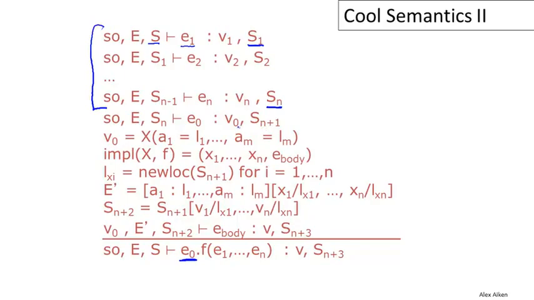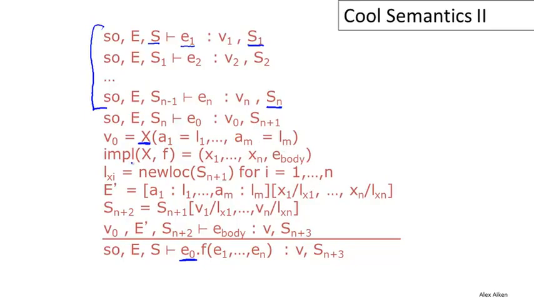Okay, and now we have to inspect V0. We want to know what's inside of V0 or what V0 is made of. And in particular, we're interested in the class tag of V0, and we'll also be interested in the contents of its attributes, the locations associated with its attributes. But first, let's focus on the class tag, because we're going to use that class. Remember, this is the dynamic type of V0.